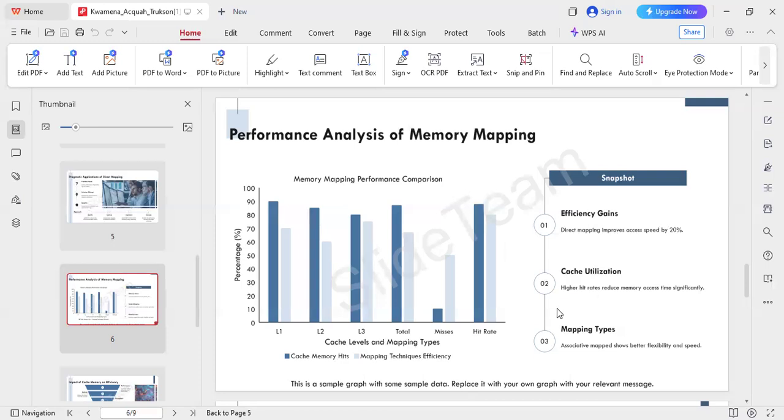A higher hit rate means less time accessing main memory. And lastly, mapping types. Associative mapping provides flexibility and speed advantages, so it is flexible and also fast in terms of speed.